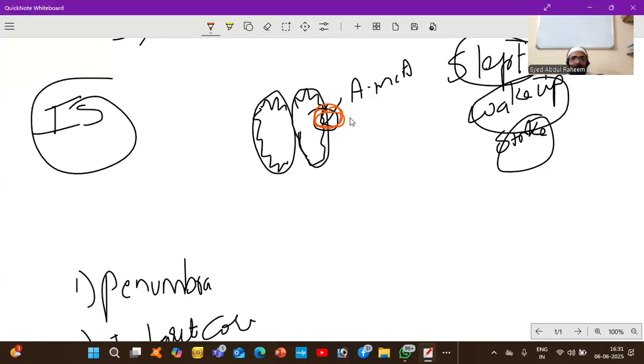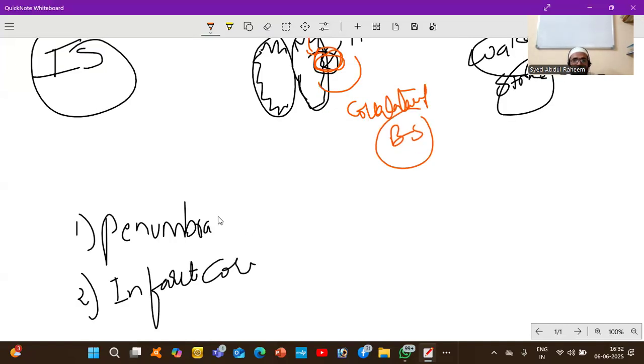The brain has collateral blood supply, so it will get blood supply from other sources, but the main artery is blocked. So you will get two things: the penumbra and the infarct core.